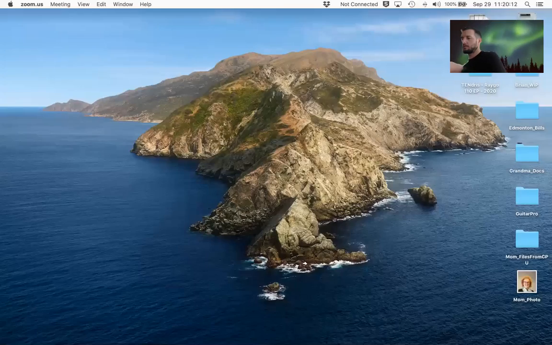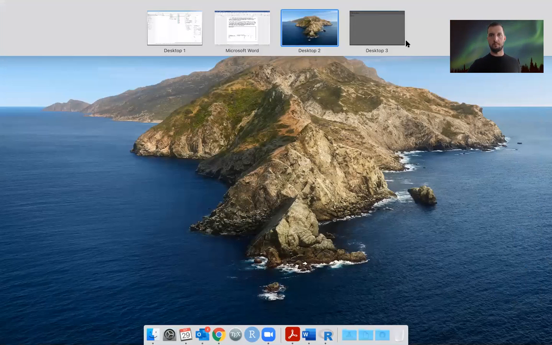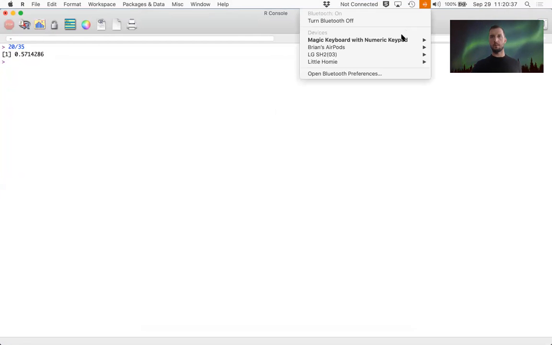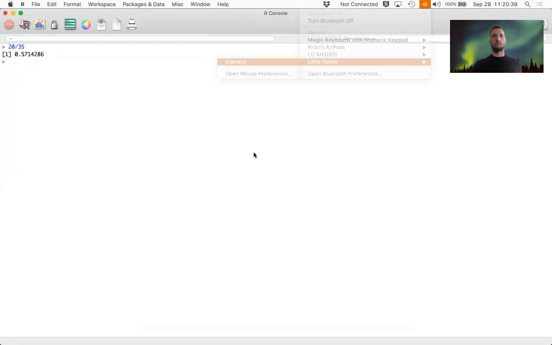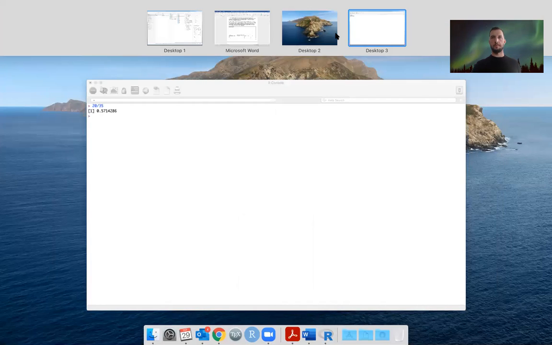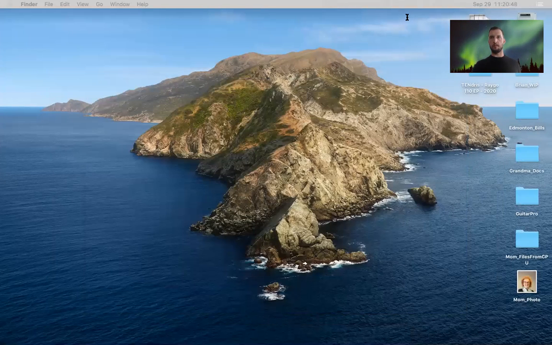Desktop 1. There is chat. Got my chat box up.